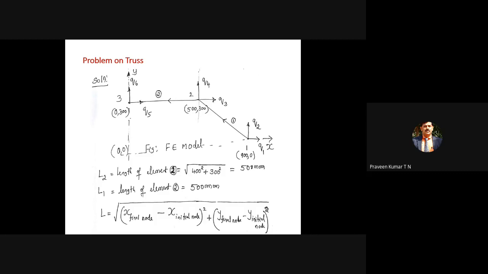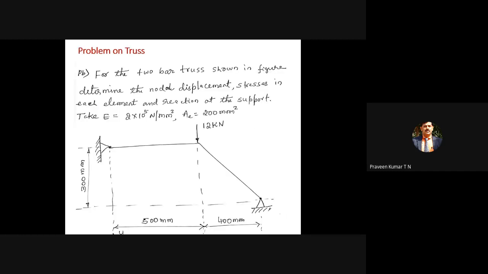I am explaining the boundary condition now itself. So Q1 is equal to 0 as well as Q2 is equal to 0. Now when you come to node 3, the leftmost side, at node 3, again node 3 is fixed.